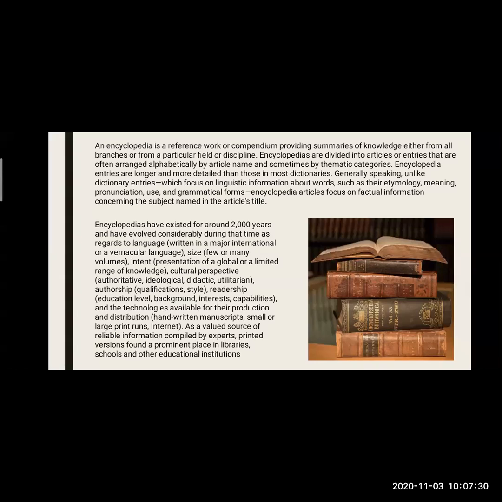Like there are handwritten manuscripts, like old book documents, small or large print runs, and the internet as a valued source. Okay, it's a very valuable source, you can say, which is reliable, that you can trust, with information compiled by experts. Printed versions are found at prominent, meaning important places. You can find them in libraries, schools, and other educational institutions.